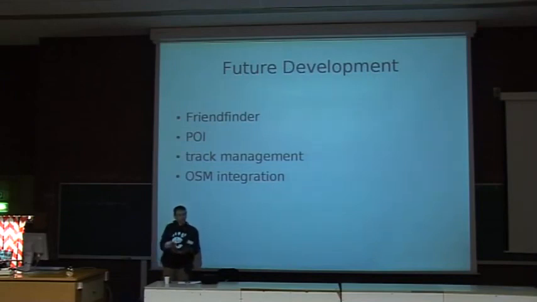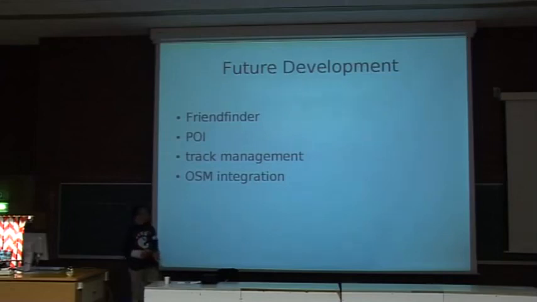The XMPP protocol supports GPS location data this way around, so that you have both the possibility of doing communication, instant messaging, and you can exchange your position with a well-known protocol which is supported by Google and others. Track management, and for sure the last thing, the interesting thing, is OSM integration, OpenStreetMap integration.